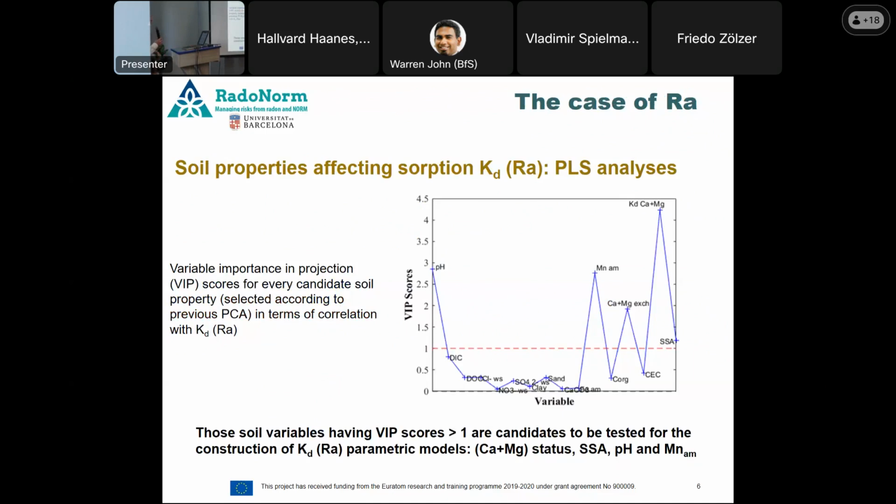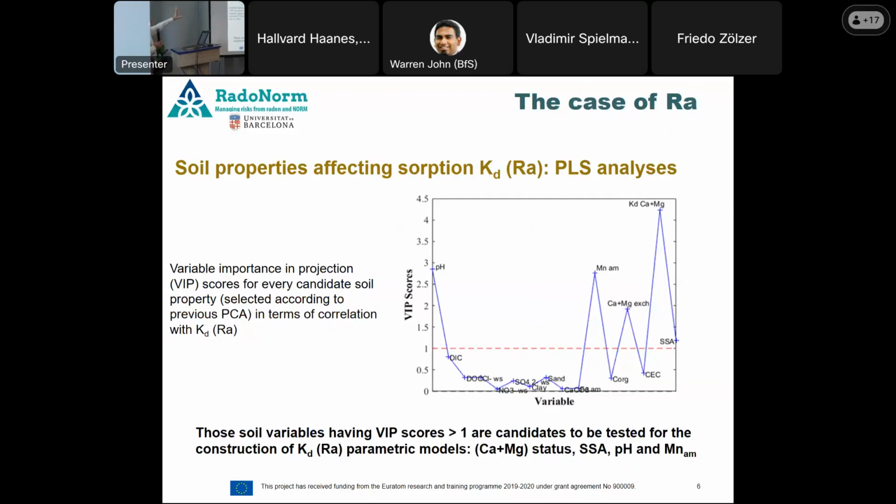Let's start with radium, focusing only on sorption KD of radium. From the PCA, we selected a number of variables to be candidates for those parametric equations, and from the PCA, we carried out a PLS analysis.